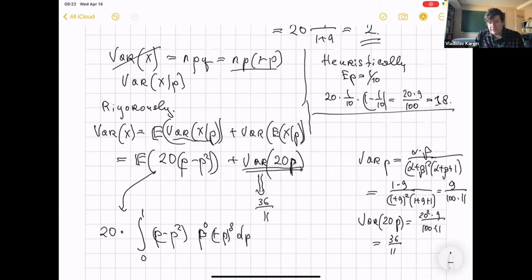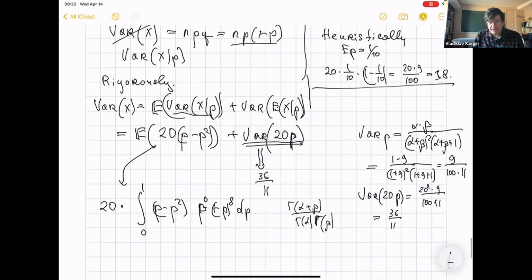The constant is equal to gamma of alpha plus beta divided by gamma alpha gamma beta.